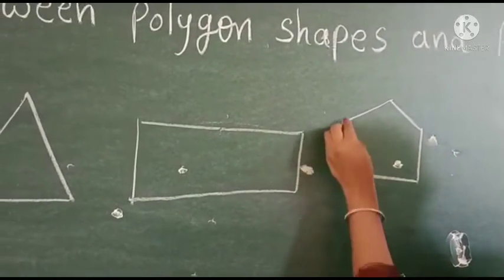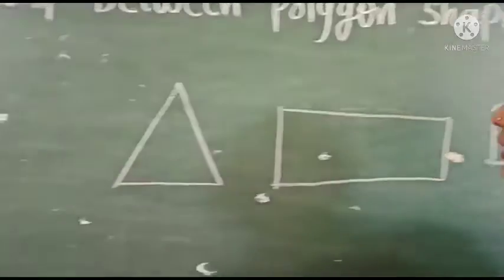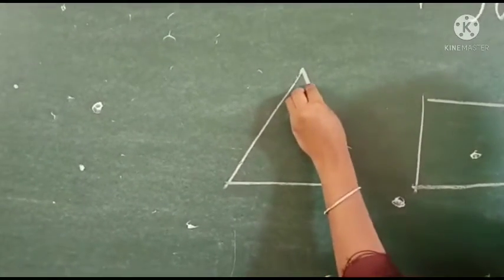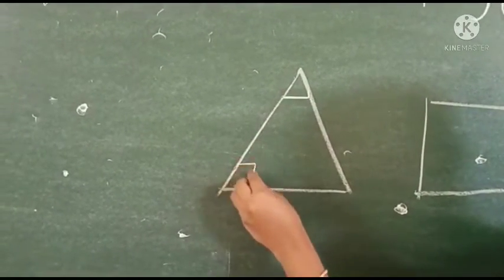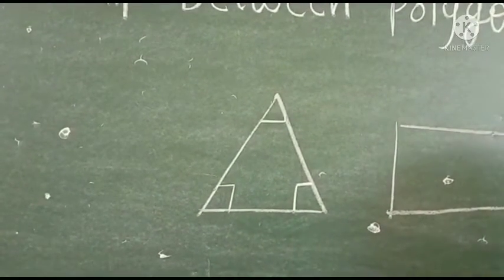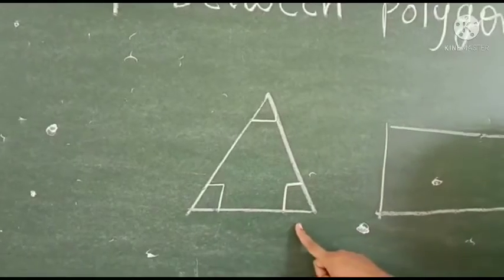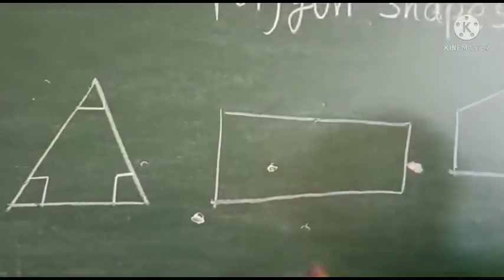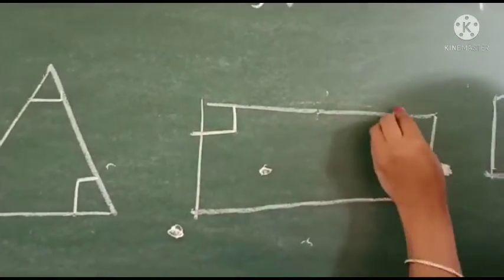pentagon. Now you see, in this triangle, 3 angles are there: 1, 2 and 3. Next, in a rectangle we have 4 angles.